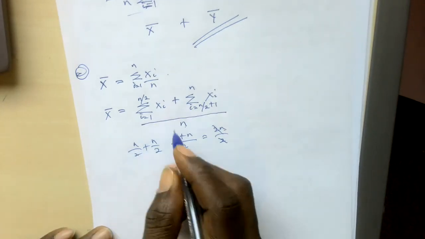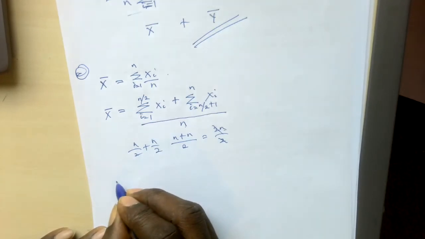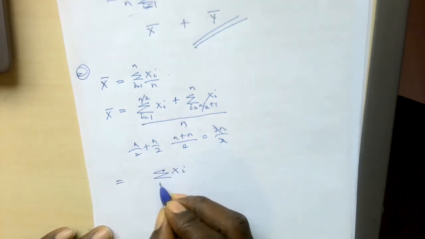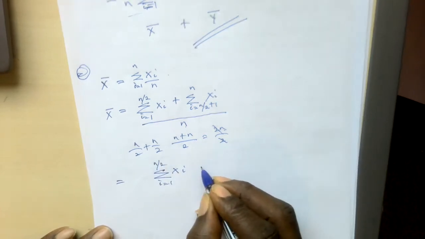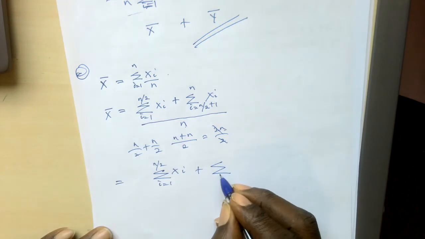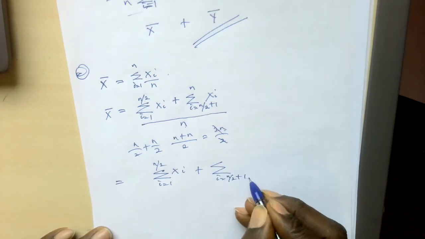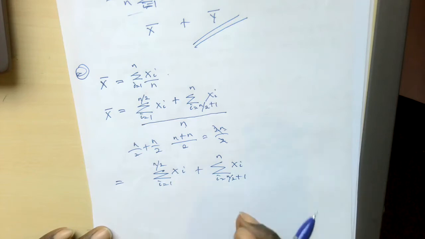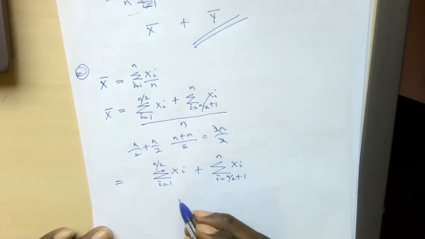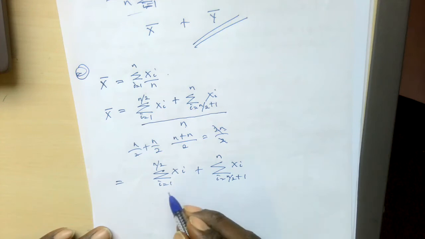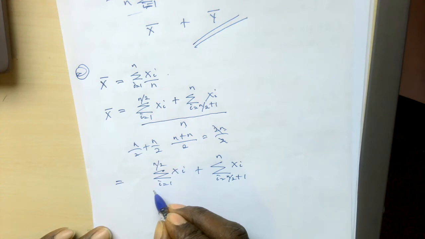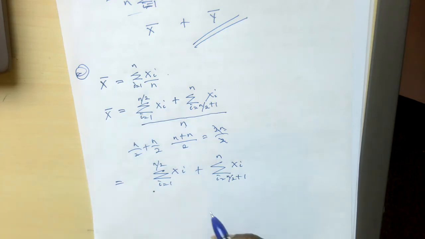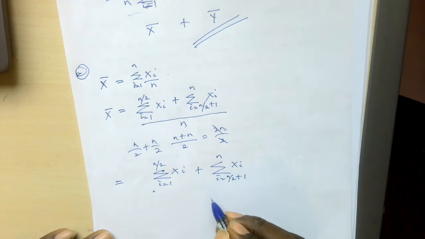So if we have this, one thing we can do is manipulate this equation to say, okay, the summation of xi from i equals 1 to n over 2 plus the summation from i equals n over 2 plus 1 to n of xi, all over n, right?